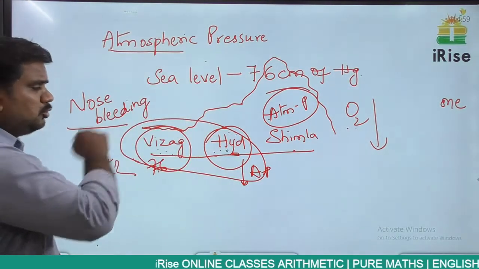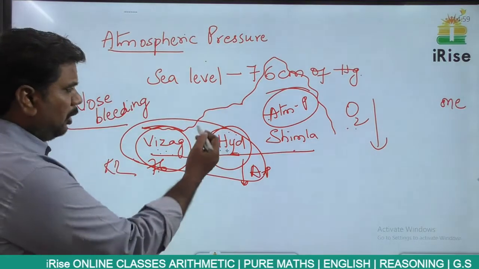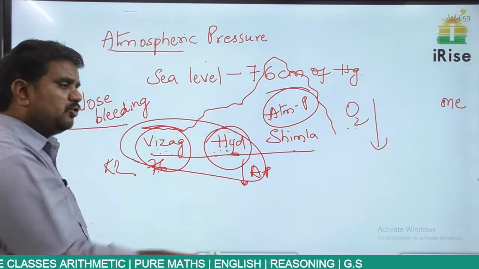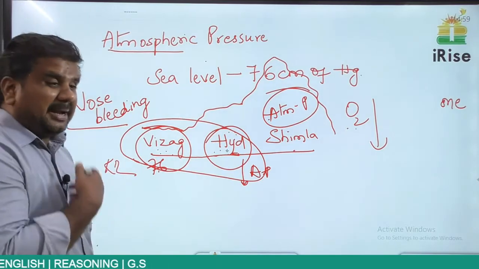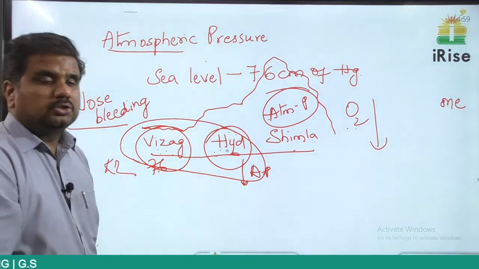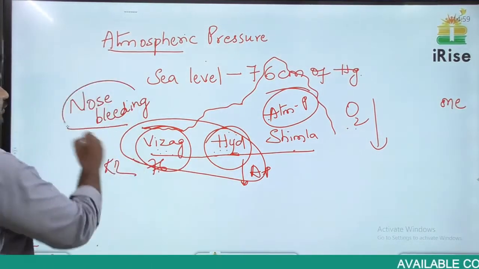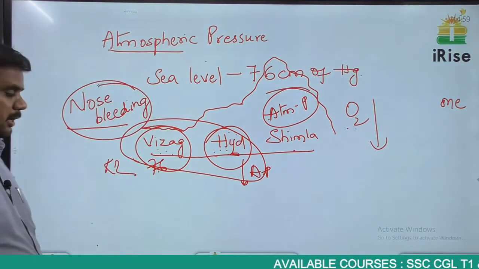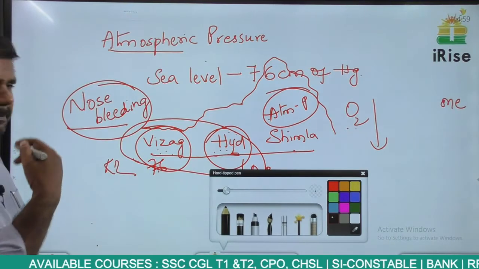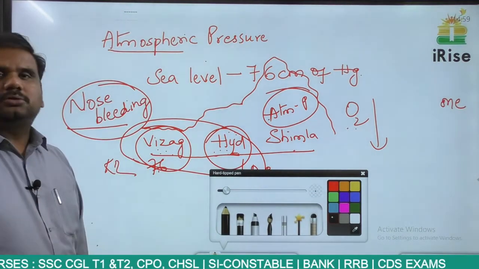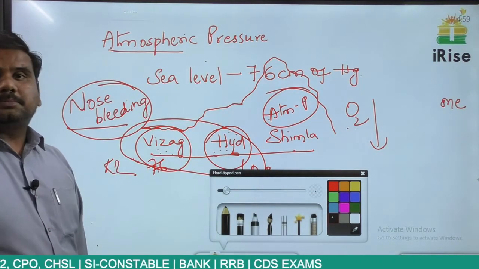The moment you go to Mount Everest or K2 or Mount Goodwin, atmospheric pressure is low and body pressure is high, as a result of which the pressure in the body has to come out. So the pressure in the body is coming out in the form of nose bleeding, or blood from the ears, or maybe from the mouth, leading to the death of a person.